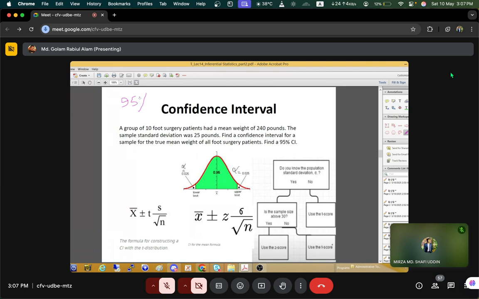So what does it mean? That means if you run the program again and again for different sets of data and different seeds, you will not always get 95% accuracy.